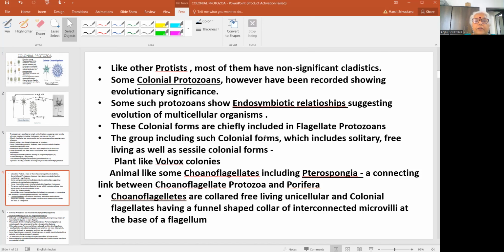That is the endosymbiotic relationship, then the colonial flagellate hypothesis, and then the common ancestor hypothesis. These all we have seen in the last class when we were doing the colonial protists.